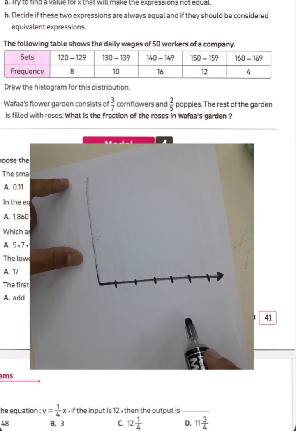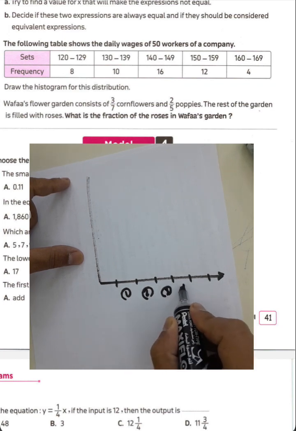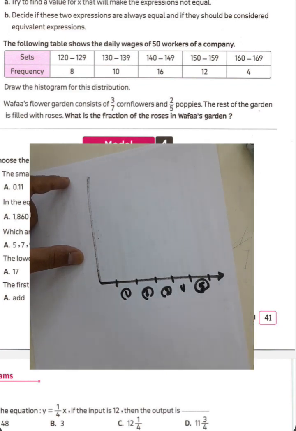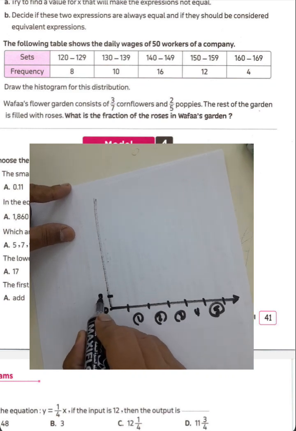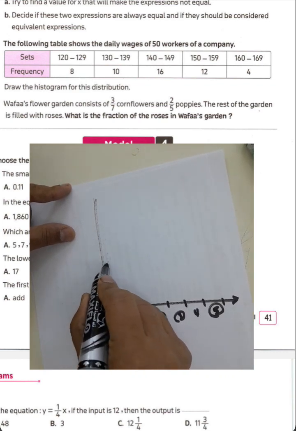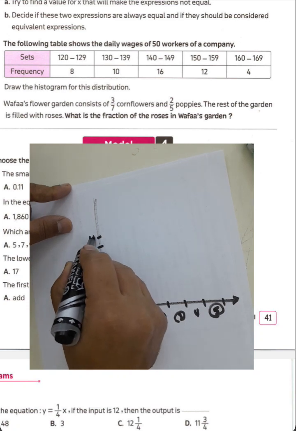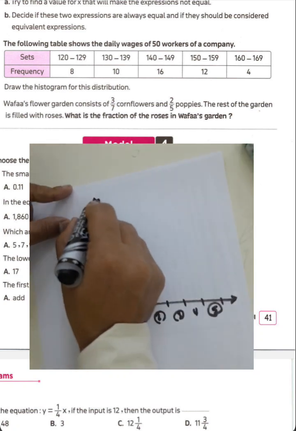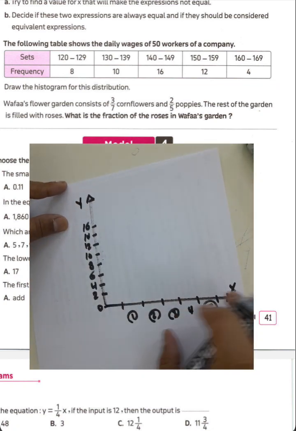From 120 to 129, it will be 8. The greatest number equals 16. We can write 0, 2, 4, 6, 8, 10, 12, 14, 16. It's the x-axis and y-axis, horizontal here and vertical.